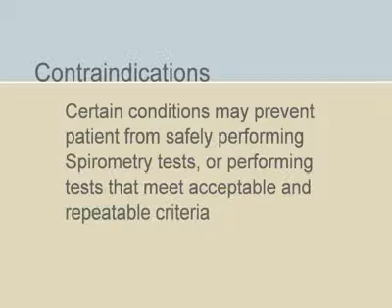Even so, because spirometry is physically demanding and requires maximal patient effort, there are contraindications of which the technologist should be aware. Patients with any of these conditions might not be able to perform tests safely, nor provide results that are acceptable and repeatable.